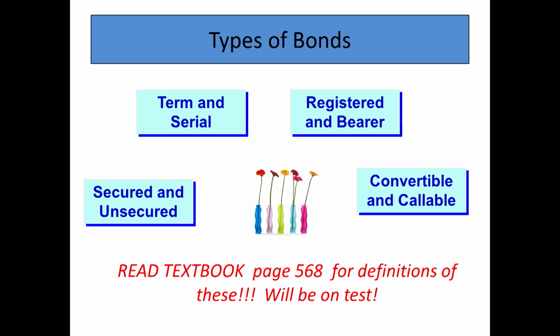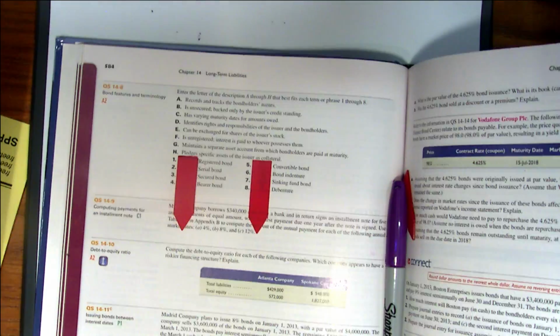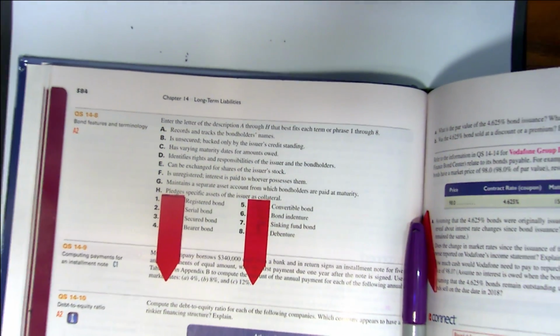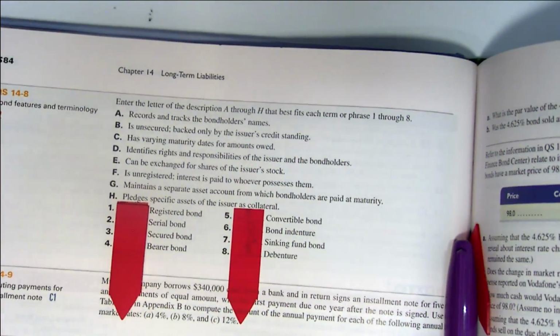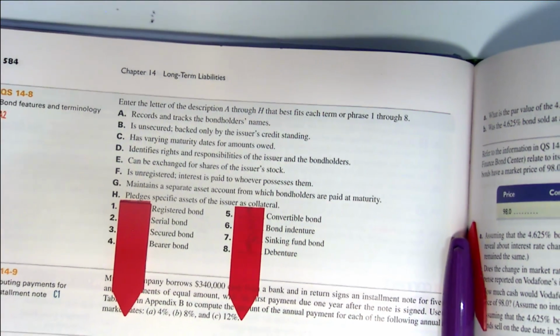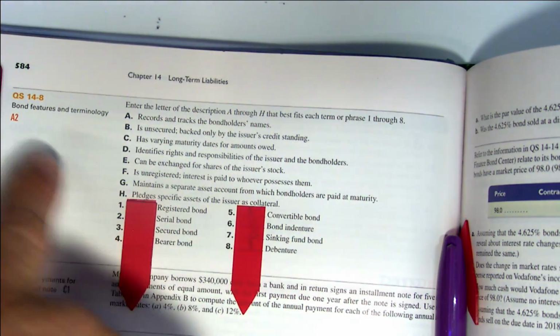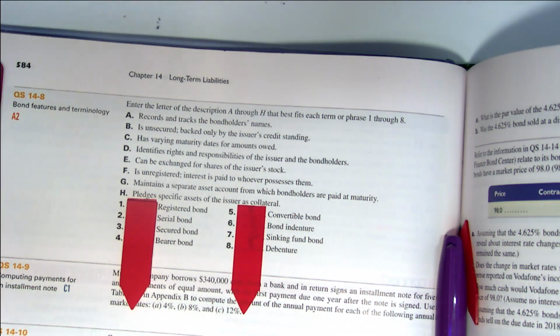Okay, so let's do that one real quick. Quick study 14.8. All they're asking is for us to enter the letter of the description A through H that best fits each term or phrase 1 through 8. So it's just matching.